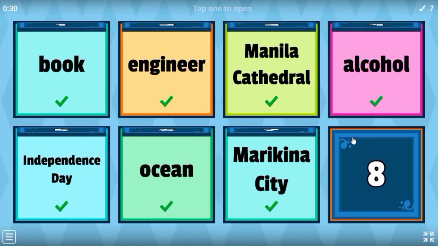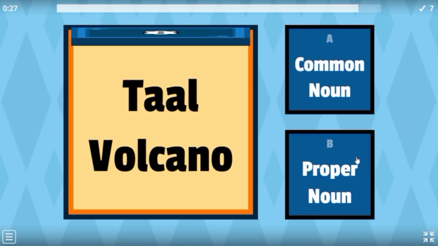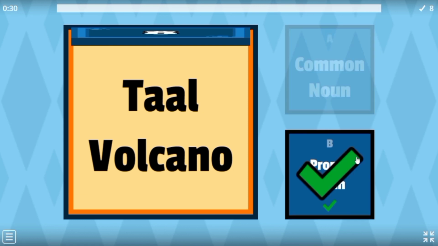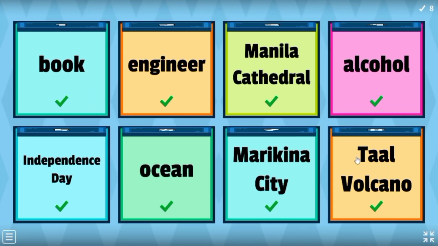And for our last box, let's open number 8. Open Sesame. Taal Volcano. Is it a common noun or a proper noun? It's a proper noun. Great job, kids. Well done.